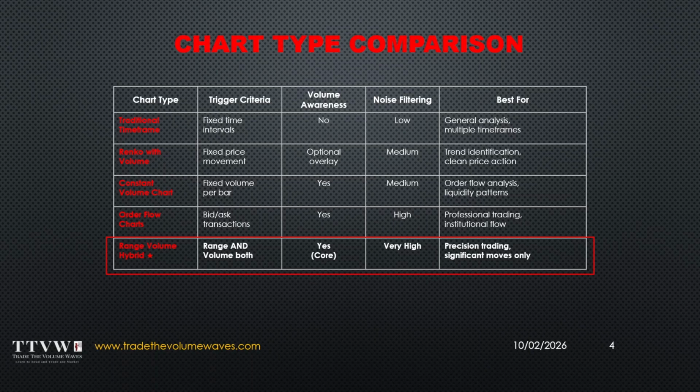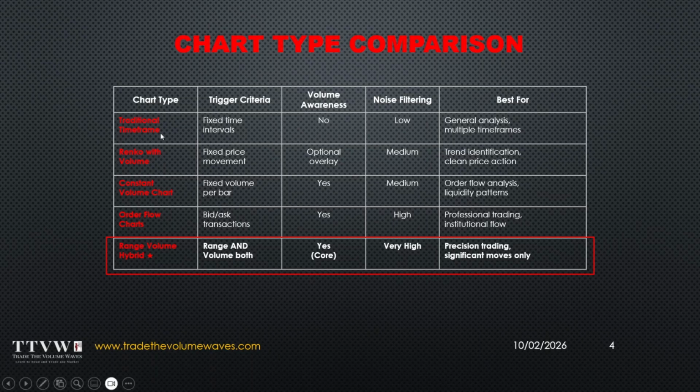Apart from that, I thought that the best charts to trade were constant volume charts, fixed volume per bar, which is much cleaner than a regular time frame. So this table is a comparison. What's the trigger criteria on each different type of chart?